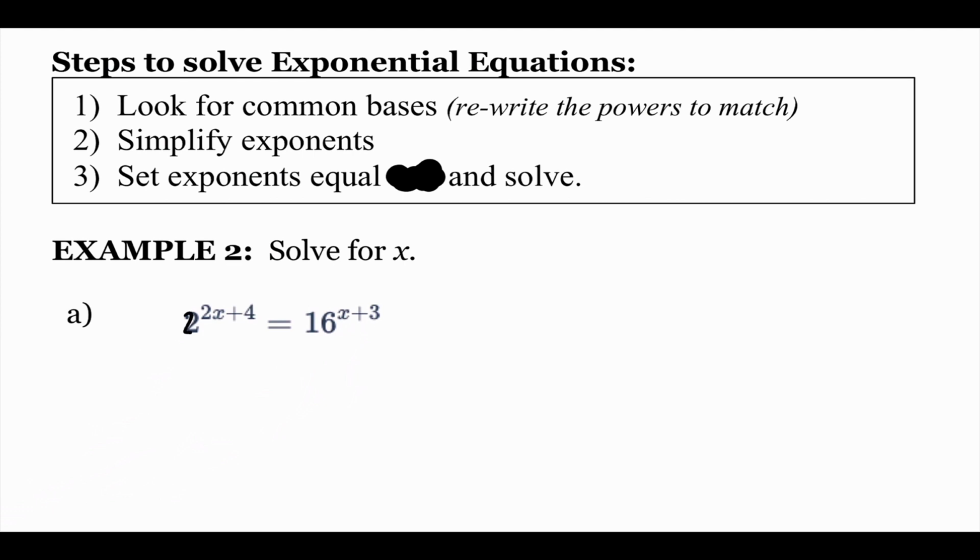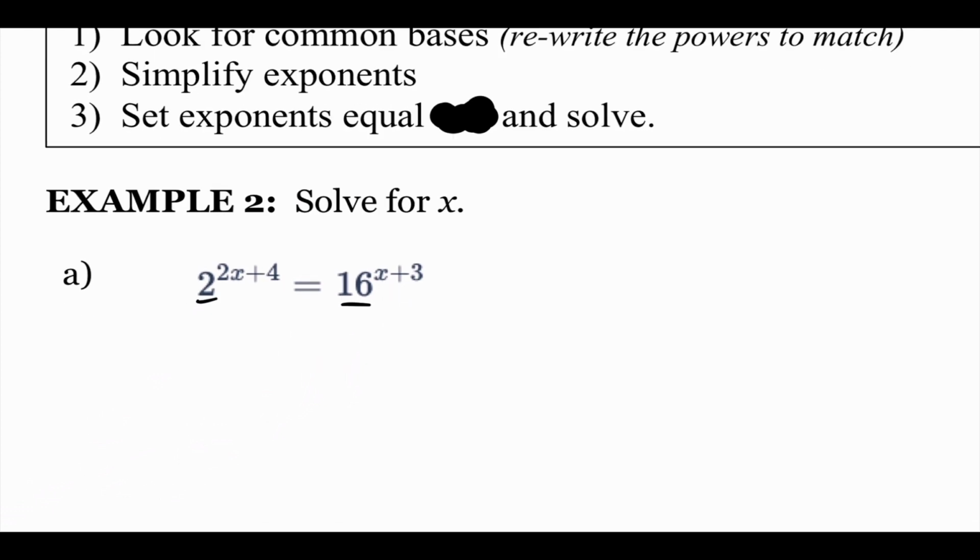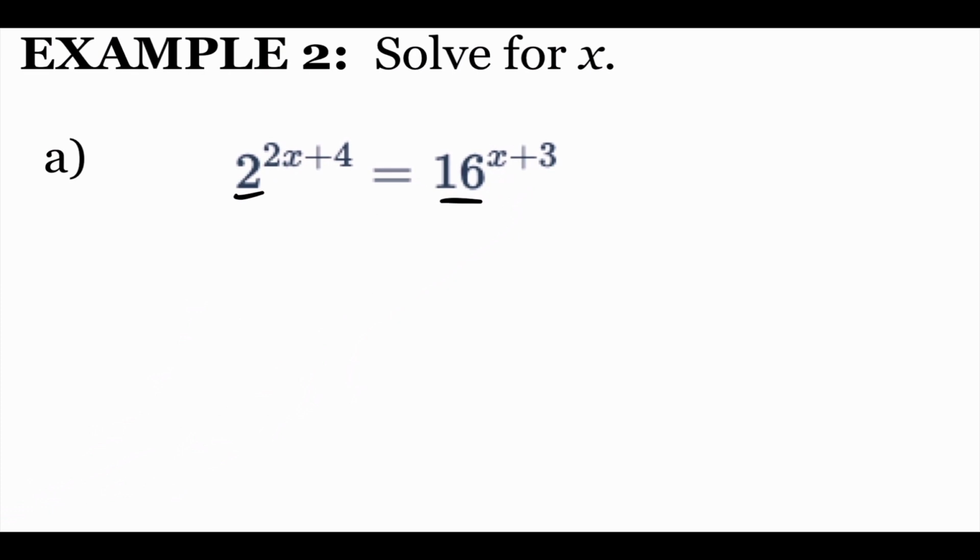So let's look at number 1. I have a base of 2 and a base of 16. They're not the same. But is there a way for me to write 16 so that I have the same base as this guy? 2 to the fourth power. 2 times 2 times 2 times 2 is 16.